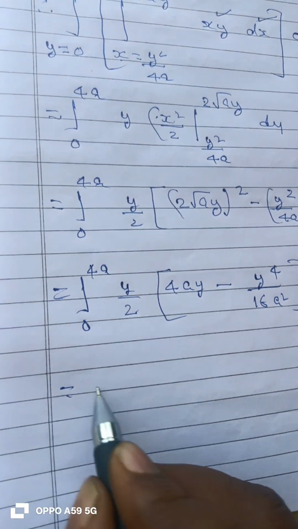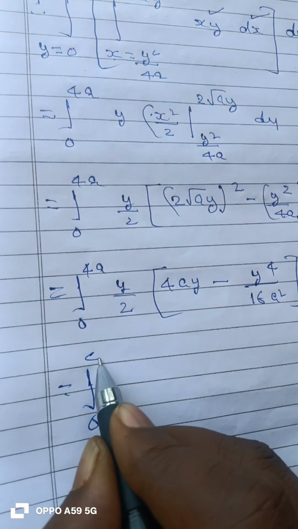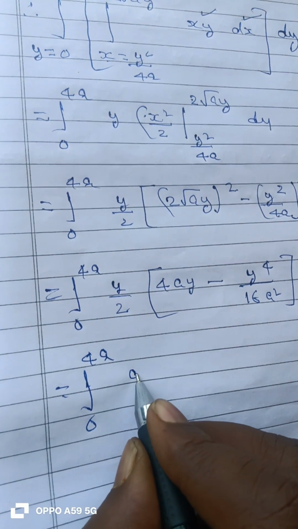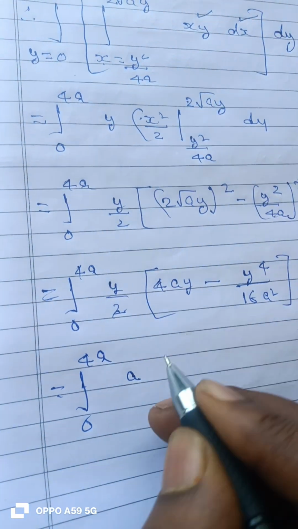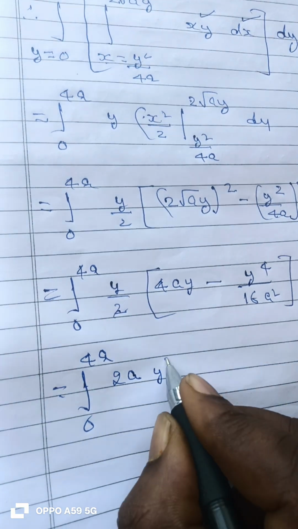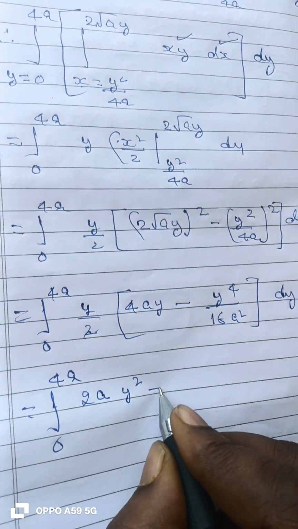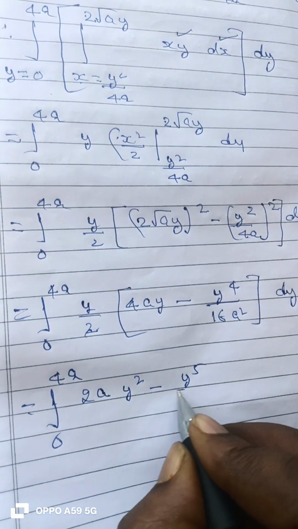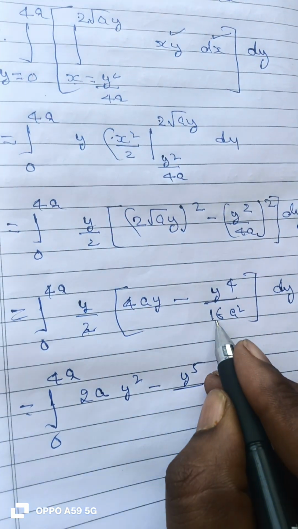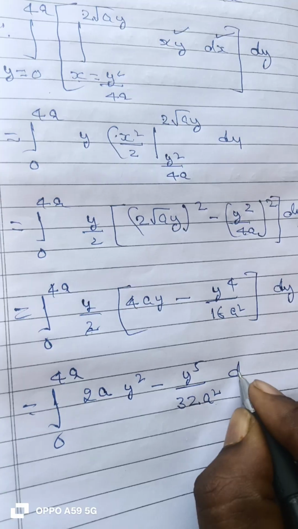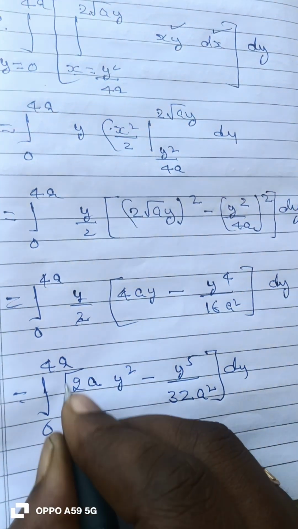Now this is equal to integration 0 to 4a, you multiply inside, what will happen, this is 2 a y into y square minus y into 4 y to the power of 5 divided by 16 into 32 a square, dy.